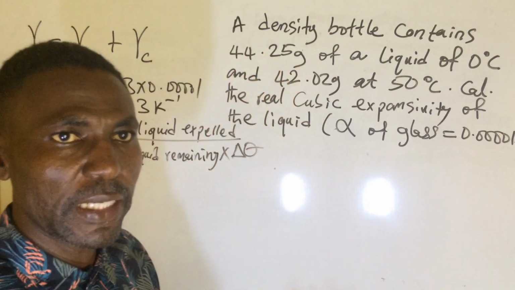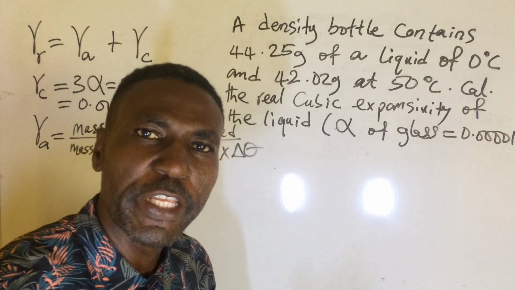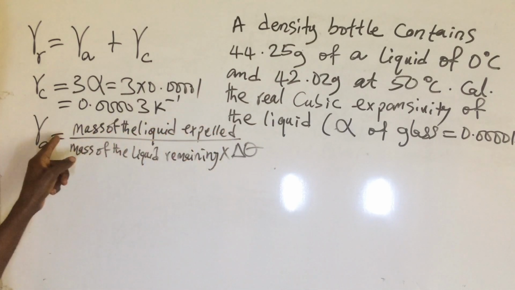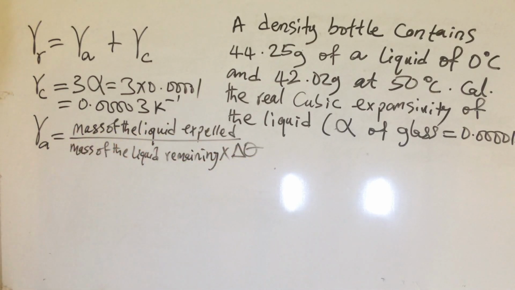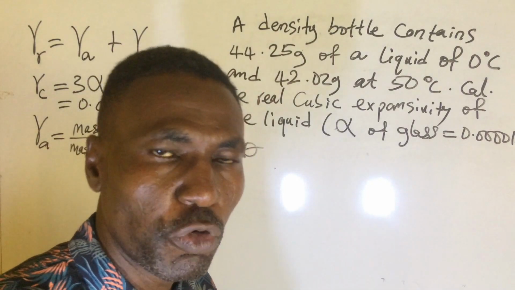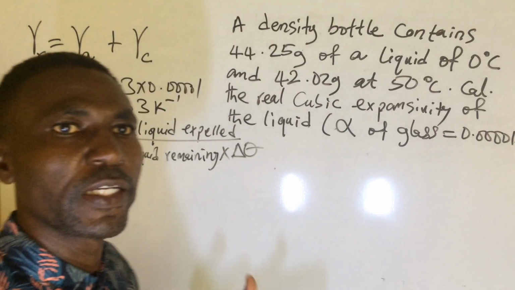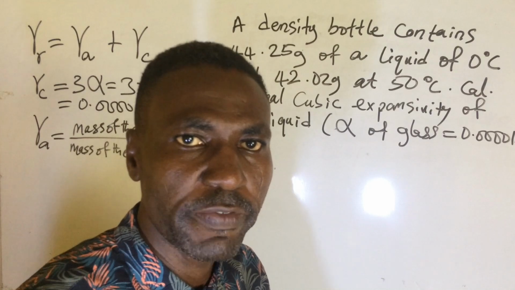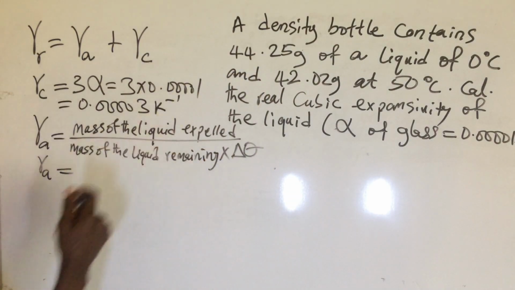They gave us the question in mass, but at times they will give you the question in volume. If it is given in volume, it will be the volume of the liquid expelled over the remaining volume of the liquid times the change in temperature. So you remove mass and put volume, and nothing else changes. You work in volume or mass, it depends. I still remind you that this formula is what we use to find apparent cubic expansivity.